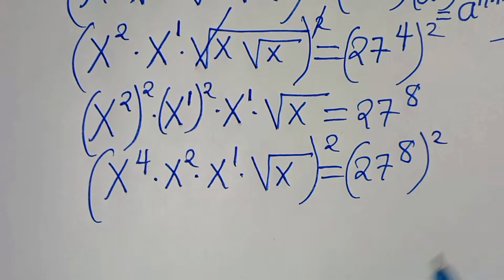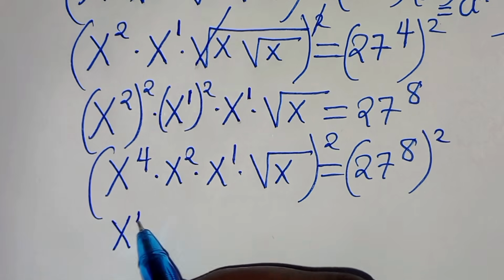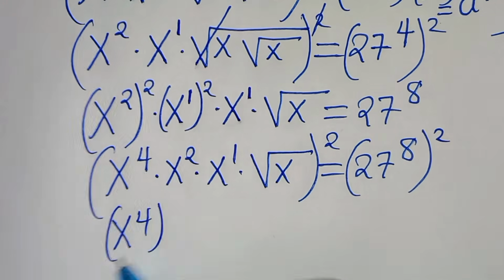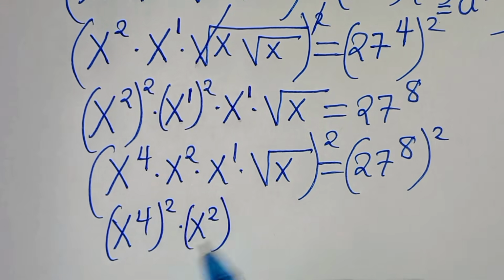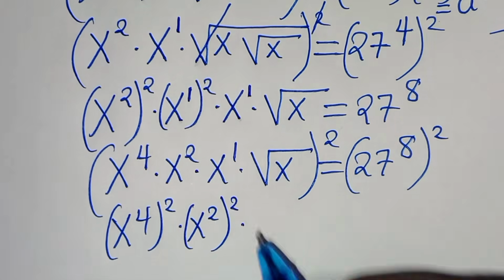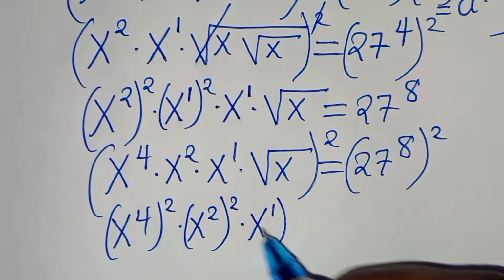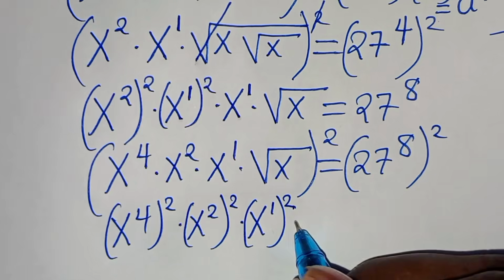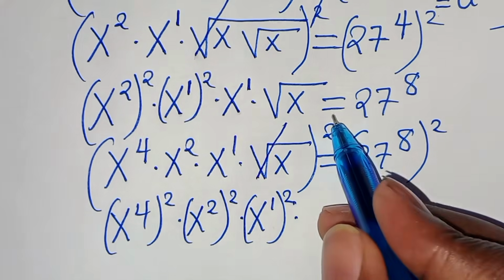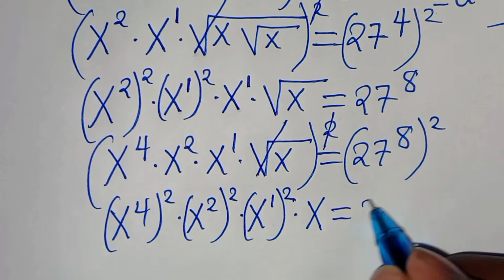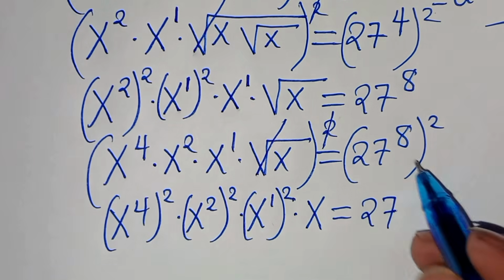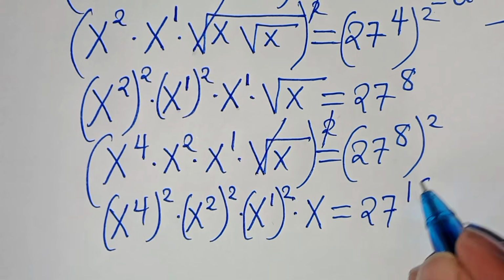and this means that here we have x to the power of 4 raised to the power of 2, then times x to the power of 2 raised to the power of 2, then multiplied by, this is x to the power of 1 raised to the power of 2, then times, now we eliminate the fourth square root sign, and this is equal to x, which is equal to 27 raised to the power of 8 times 2, and this is equal to 16.